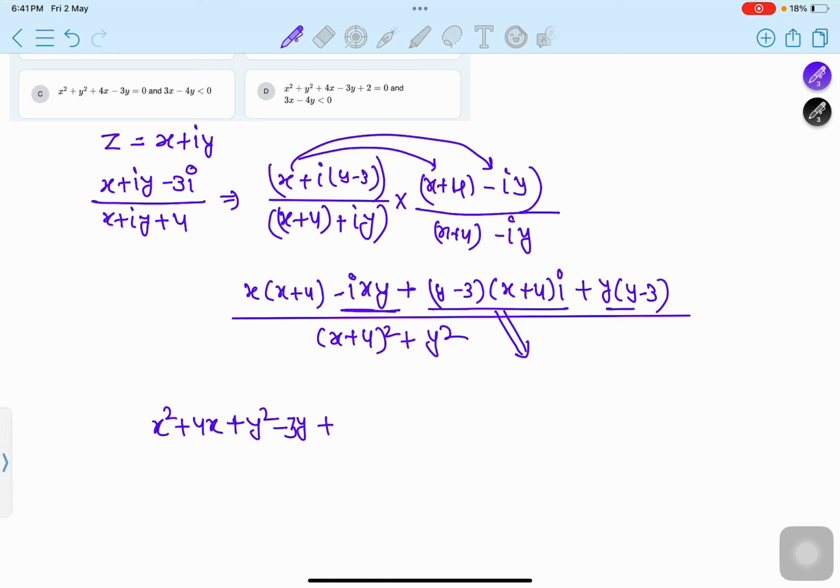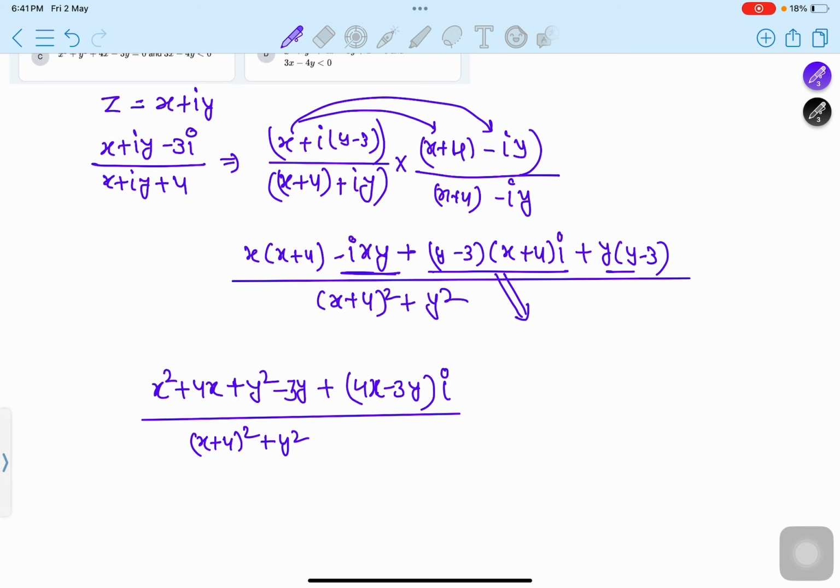For the other part, suppose you multiply now, xy and 4x, 4 plus 3 minus 3, so the given part is only 4x minus 3y, okay, and is iota, divided by the same (x plus 4) whole square plus y square.